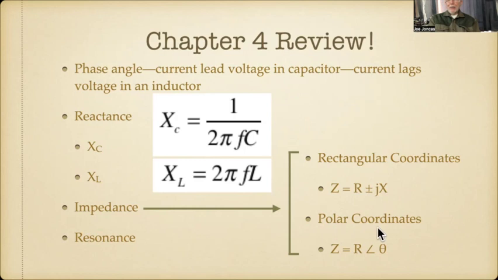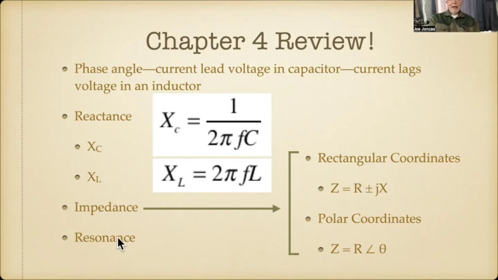And you can do that in polar coordinates also, which is you start at 0 and you've got the angle. You start out with the horizontal line being 0, and then you rotate around. You can also do negative angles, but anyway, both of them represent the impedance. You can convert from this to this and from this to this.